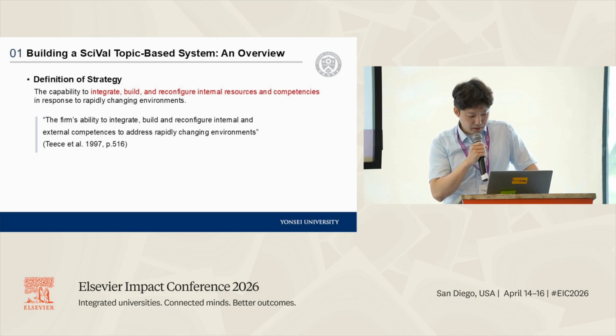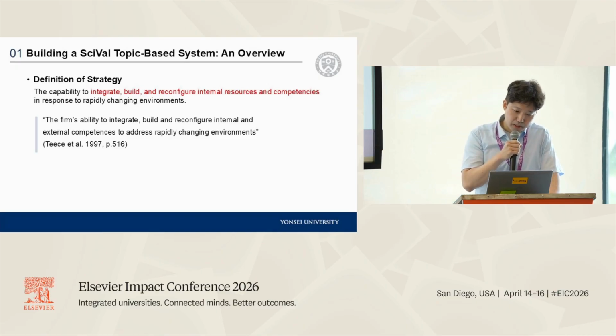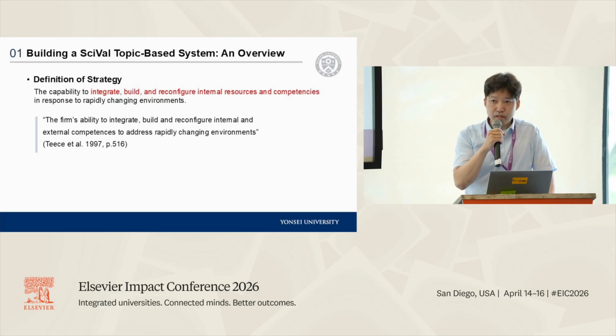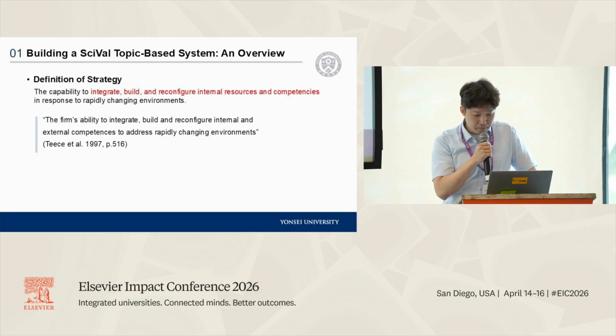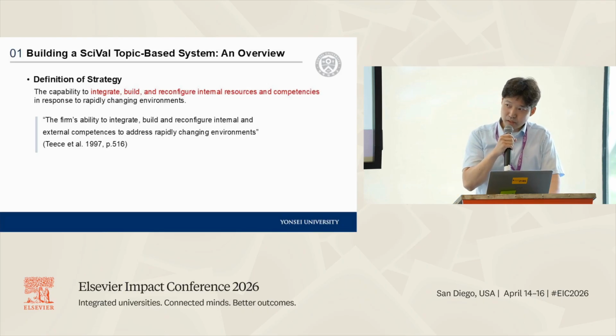Before we dive deeper, I need to clarify what strategy truly means in this context. Broadly speaking, a strategy refers to an organization's capability to integrate, build, and reconfigure internal resources and competencies in response to rapidly changing environments.